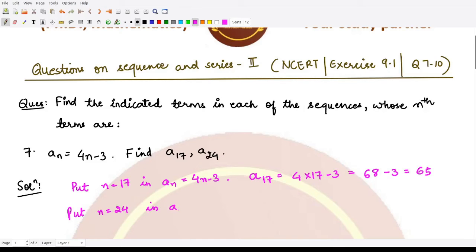So we need to put 24 in a_n is equal to 4n minus 3, so that when we replace this n with 24, we would have a24 is equal to 4 into 24 minus 3. So how much is that? It is 96 minus 3. So when you solve it, you would have the answer as 93, right?